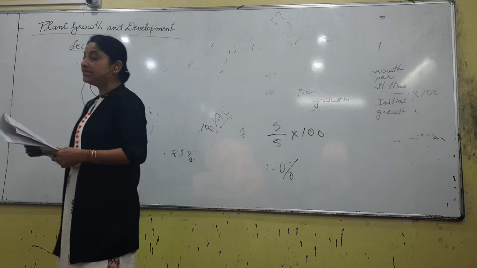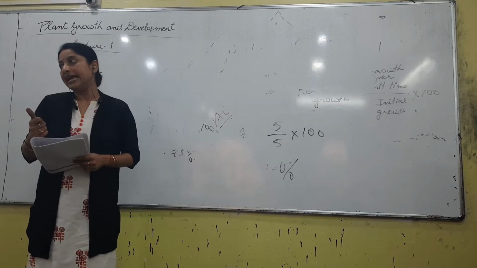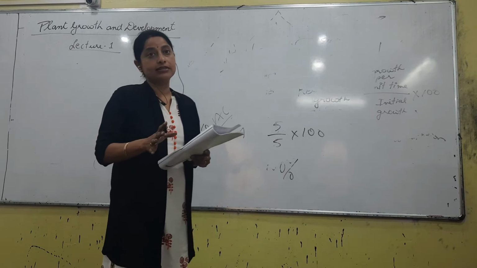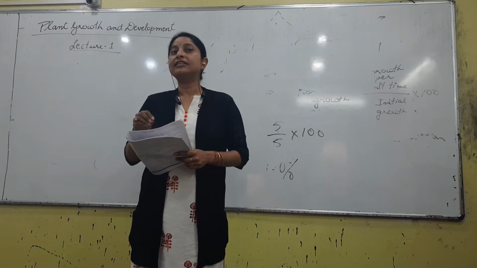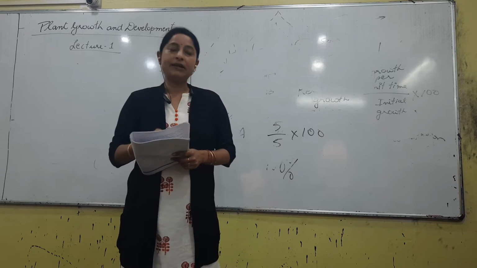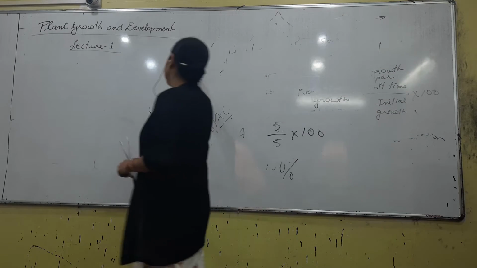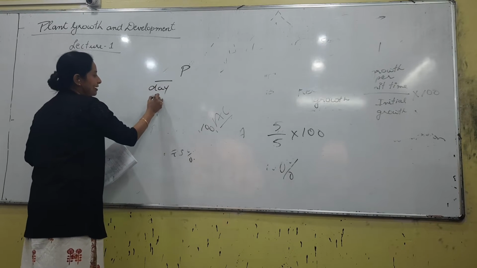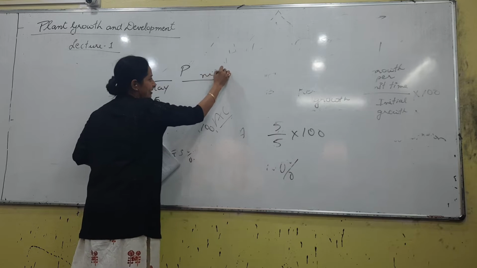Just going to the short day plants. What do they need? The day length is short. Next is what is important? Examples. The third point is very, very important. Short day plants always require uninterrupted dark condition. This is the line to understand. Short day plants, suppose I am talking about a plant, right? Suppose the day length is 5 hours and the night is the remaining hours.